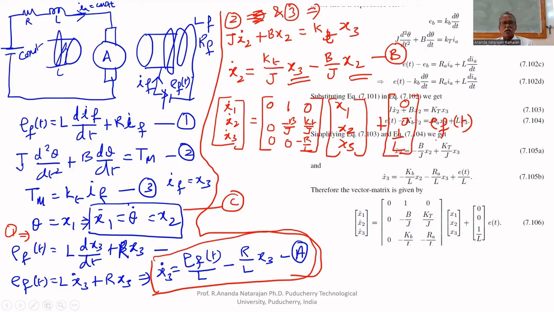That's all. In no other equation does EF of t appear. This is the mathematical model of the field controlled DC motor.